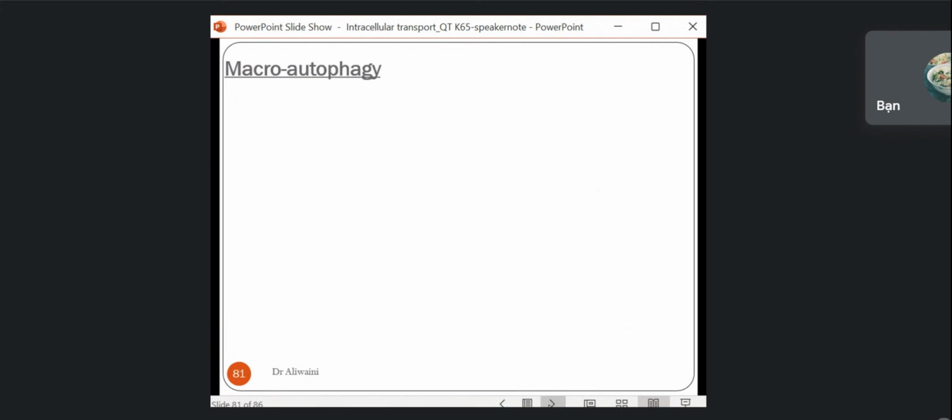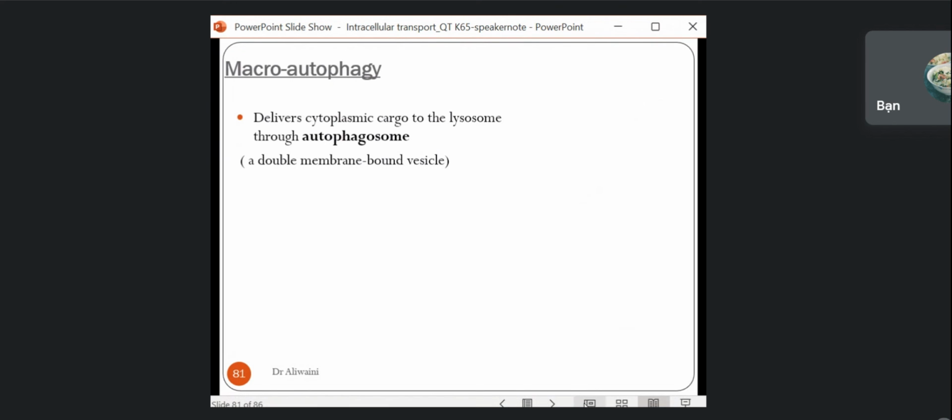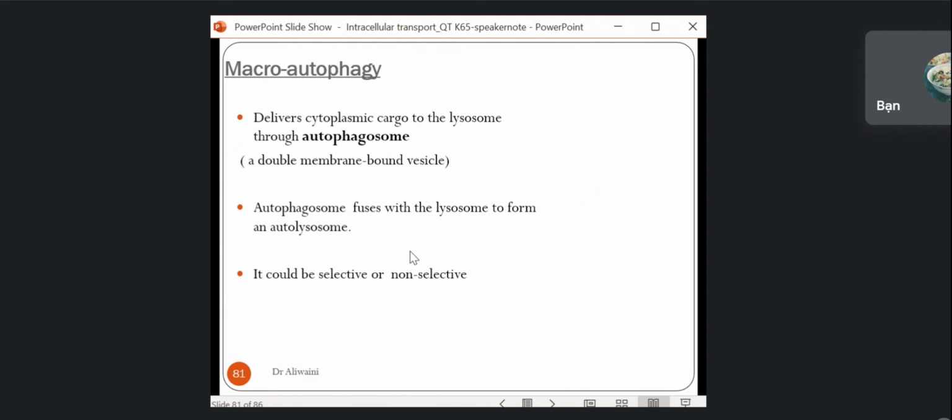And the last, also the most popular, is macroautophagy. Macroautophagy delivers cytoplasmic cargo to the lysosomes through autophagosome formation. They will make a structure called the autophagosome, and this autophagosome will fuse with the lysosome to form an autolysosome and degrade all the structures inside.